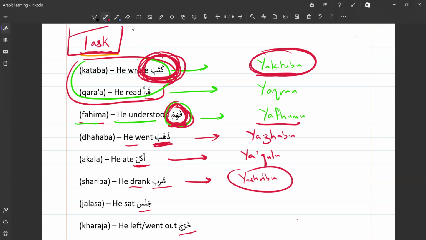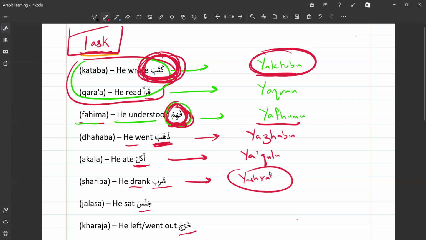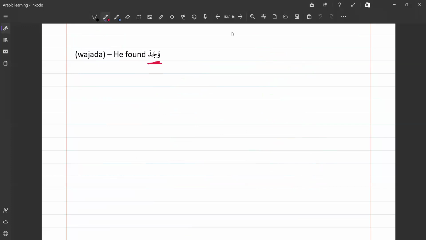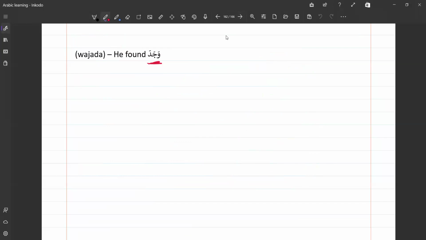So it's basically not yashribu, yashrabu, right? I wanted you to make the girdan of present tense for these three verbs along with these four verbs. In the next video, I will tell you the girdan of one of these verbs for present tense, and then we will move on to the last main form of the verbs, that is the command form.